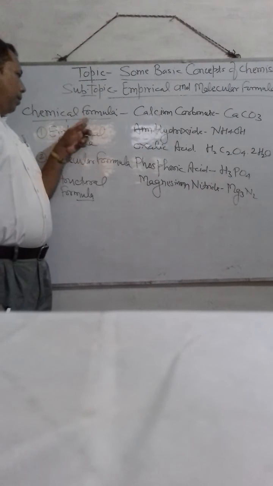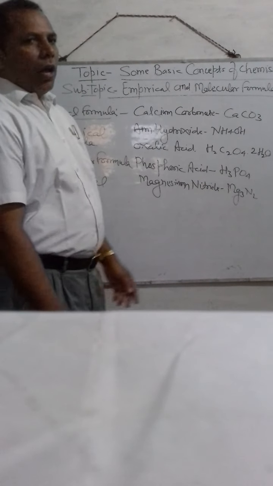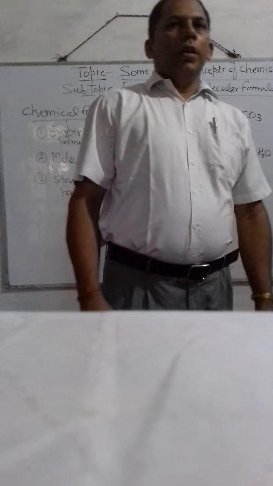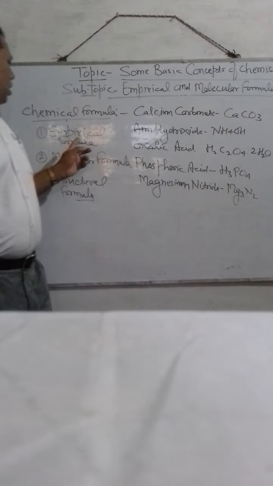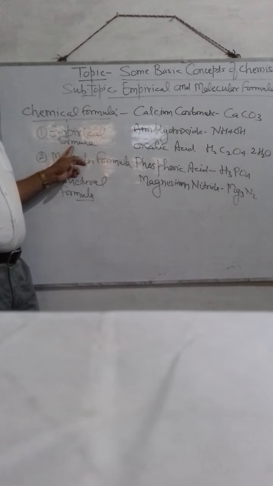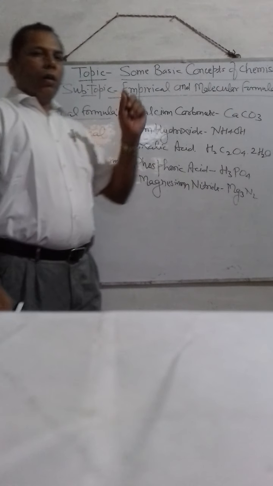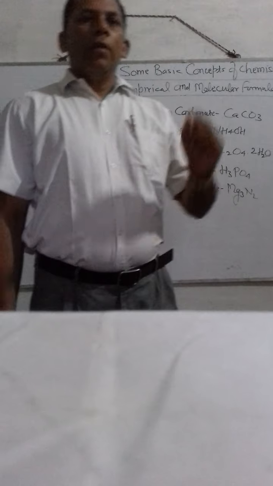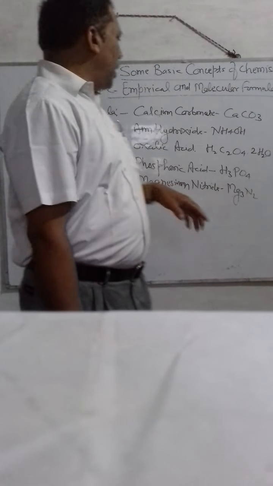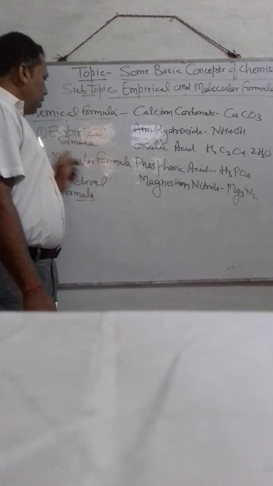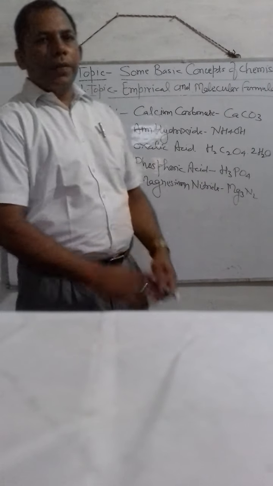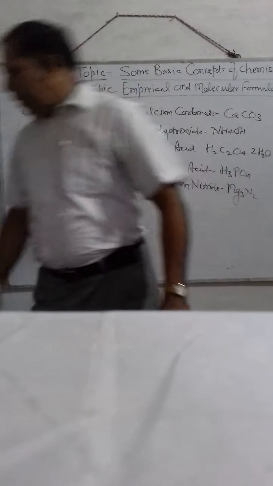Students, the empirical formula of a compound is the simplest whole number ratio of atoms of various elements present in one molecule of the compound.